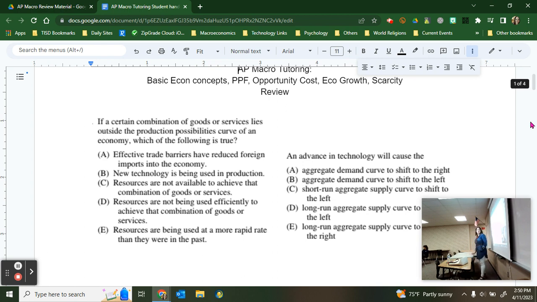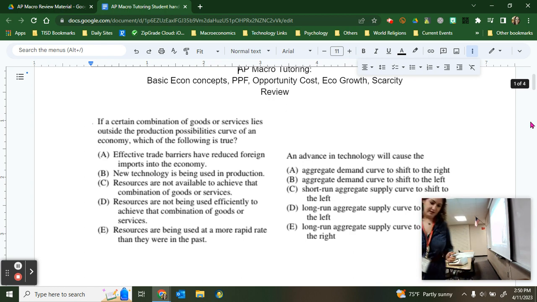So if there's a change in technology, that's going to affect the production. If there was an answer choice that says short run aggregate supply to the right, that could have been right, but the only one says to the left. Aggregate demand is just spending. So technology is a change of resources, a change of production. The only one that makes sense is E, long run aggregate supply curve to the right.